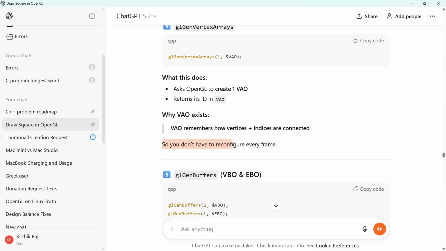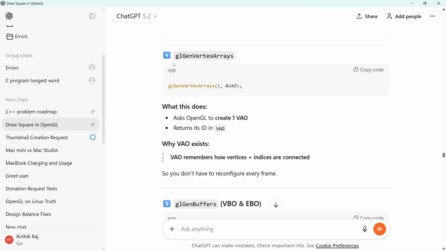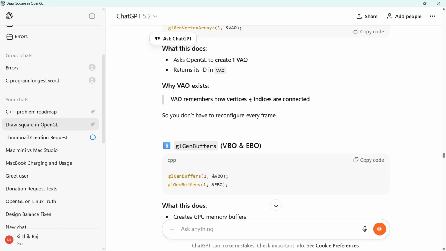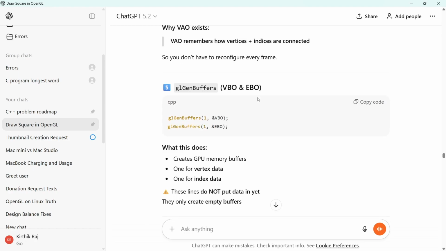So you don't have to figure it out every frame. Before, we saw glGenVertexArrays, and now it is glGenBuffers.